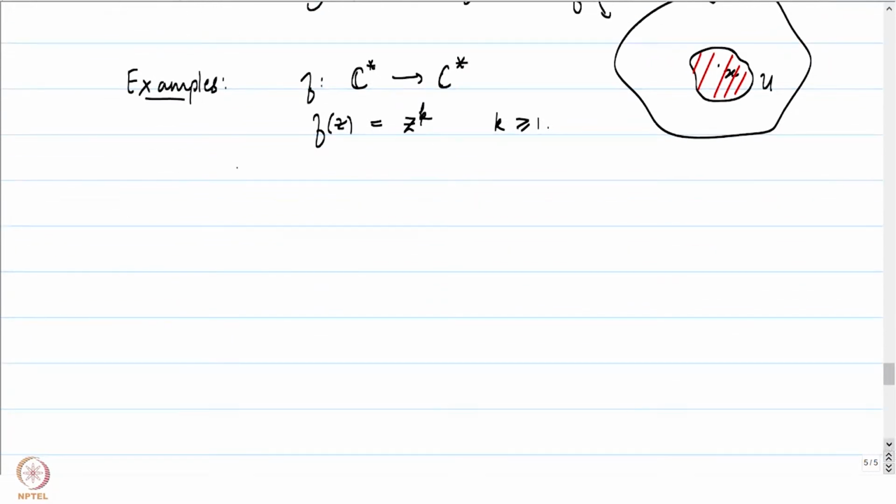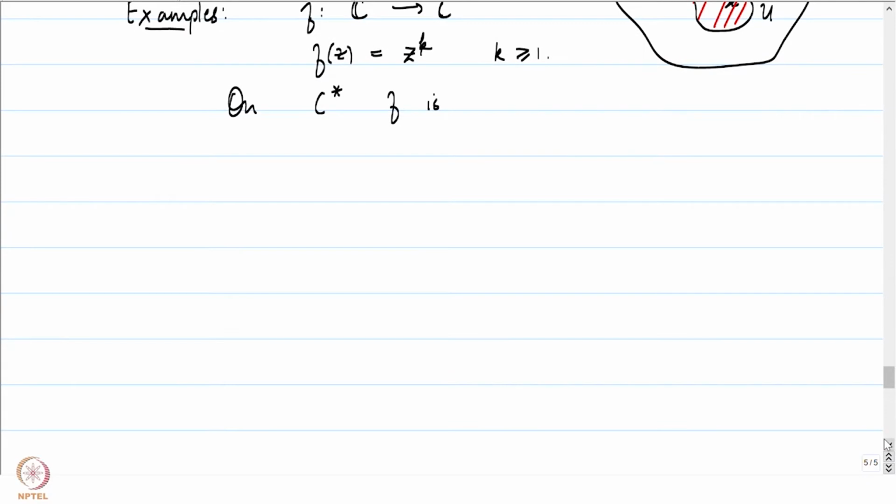Notice that on C star, f doesn't have its derivative vanishing at all. So in particular, by the inverse function theorem, every point does have a neighborhood where the function f is a biholomorphism when restricted to it.